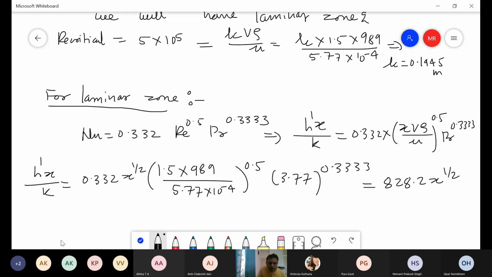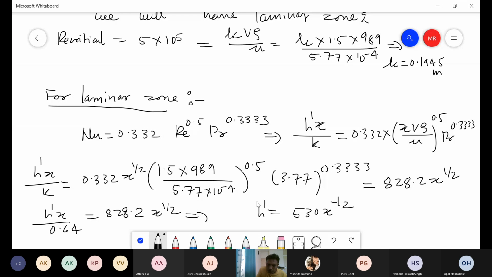Okay, now we can put the value of k here. So k is 0.64, isn't it? So this becomes h' x by 0.64 equals 828.2 x raised to the power 1/2. So this gives me h' as 530 x raised to the power minus 1/2.